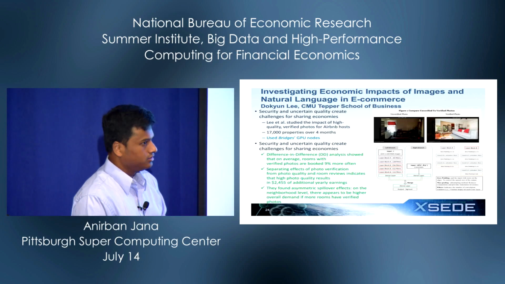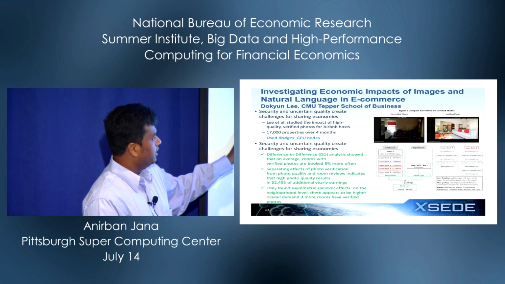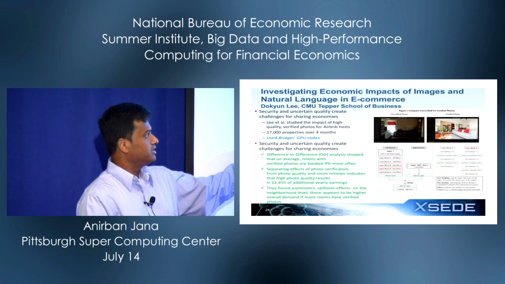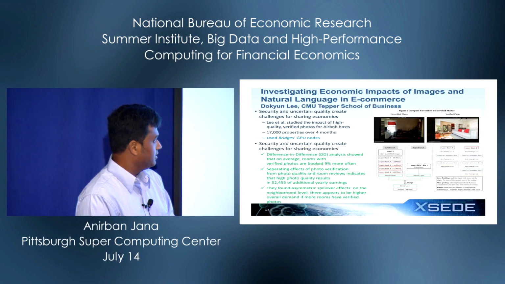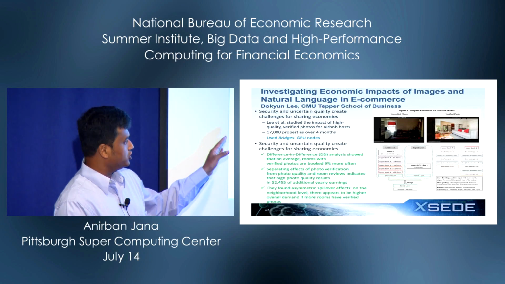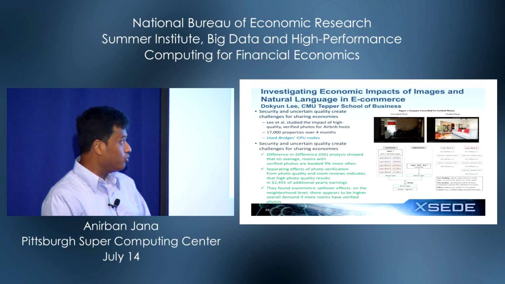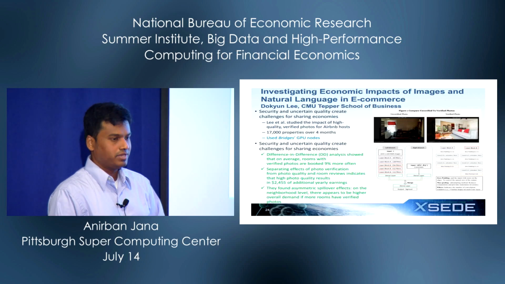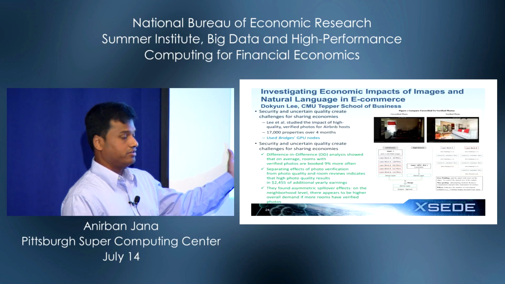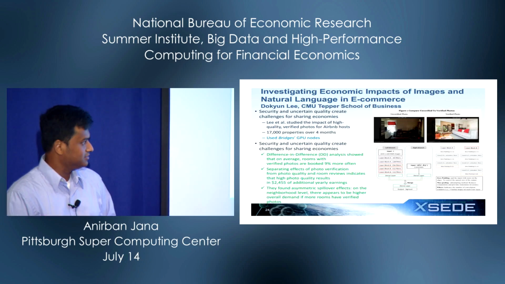using computer vision algorithms. The findings were that, first of all, rooms with verified photos were booked 9% more often. And then after separating the effects of photo verification from photo quality and room reviews, it was found that high quality photos, just being high quality, result in $2,500 of additional yearly earnings for those properties.